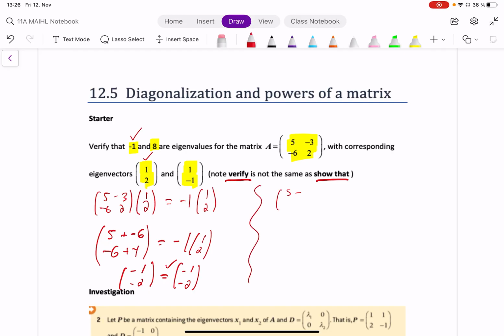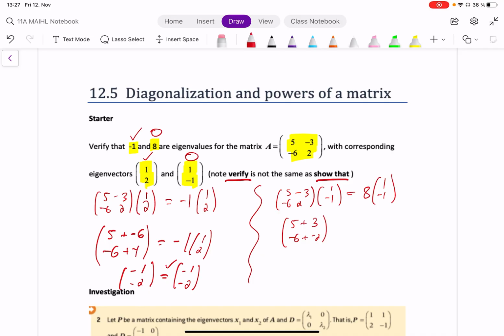And so we can verify the same thing for the other one. So if I take my original transformation matrix, multiply it by my eigenvector, now I'm looking at this second one, my result should be my eigenvalue times my eigenvector, right, which is that 8 is the other one. And so again, just doing multiplication of that one, 5 times 1 is 5, plus -3 times -1 is 3, -6 times 1 is -6, 2 times -1 is -2.